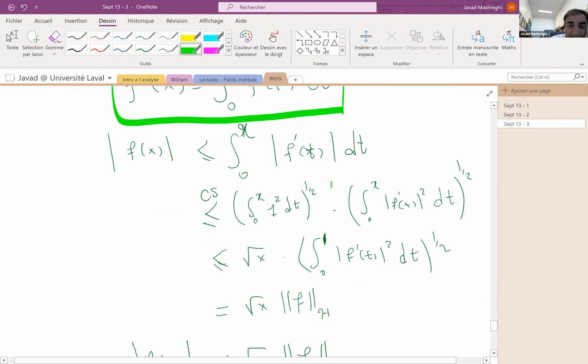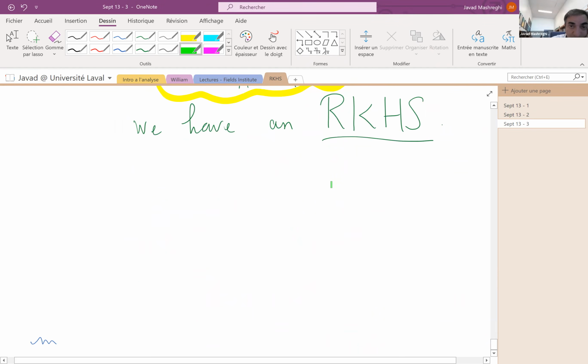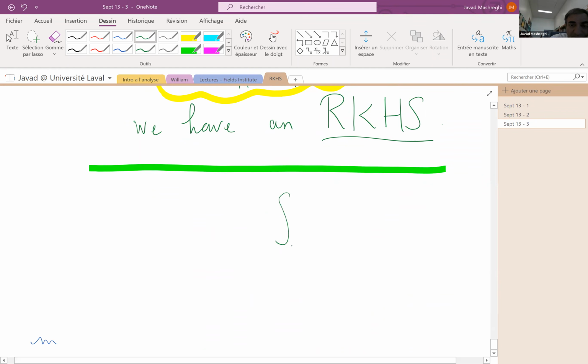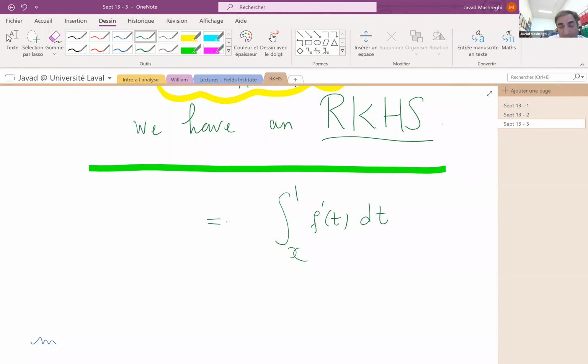We also have the integral from x to 1 of f prime of t dt. I mean, absolutely continuous. So this is f of 1 minus f of x. F of 1 is 0, so it's minus f of x.